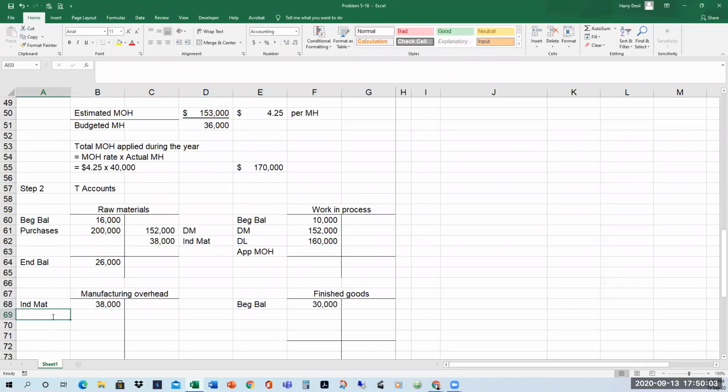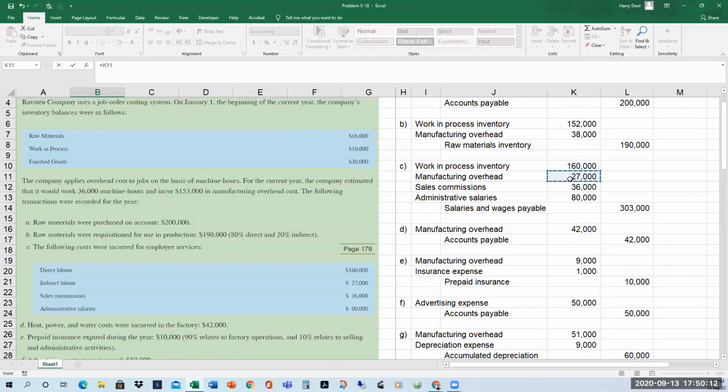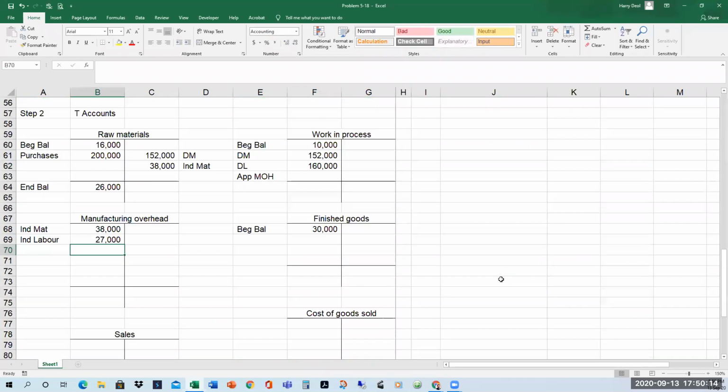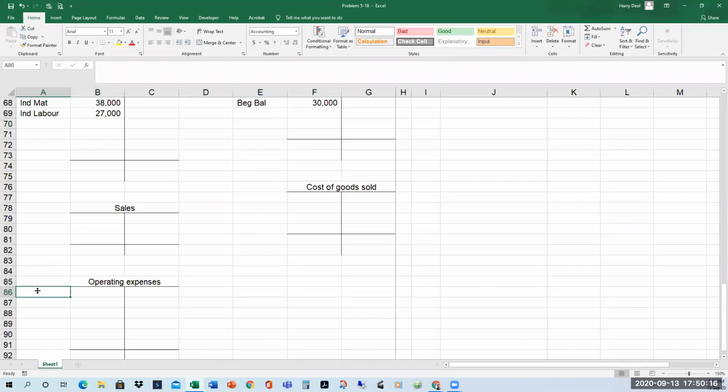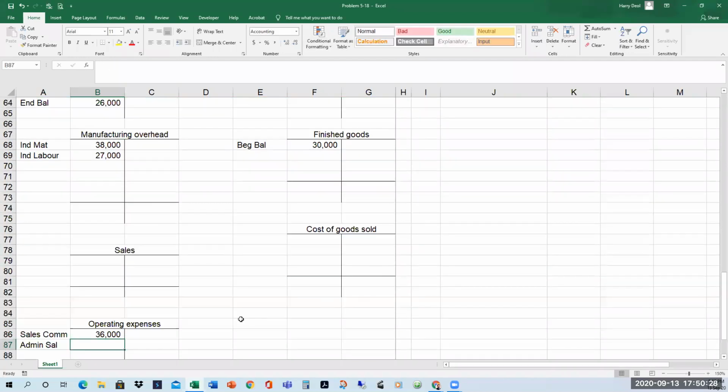The indirect labor cost that is added to manufacturing overhead was 27,000. And then under operating expenses, we have sales commissions and admin salaries of 36,000 and $80,000 respectively.